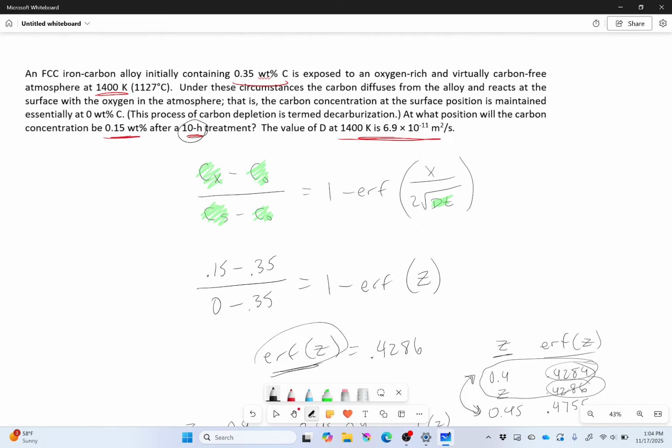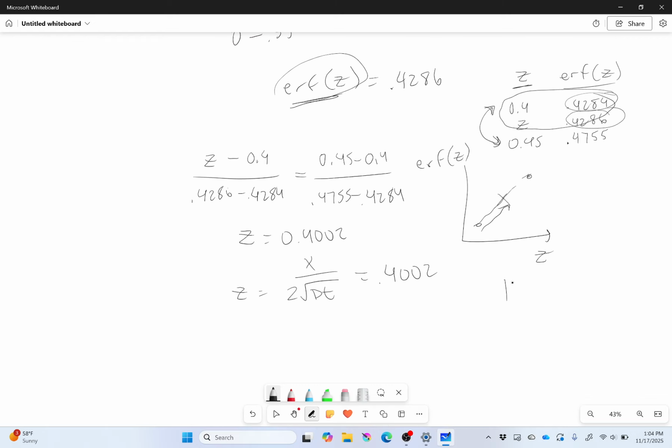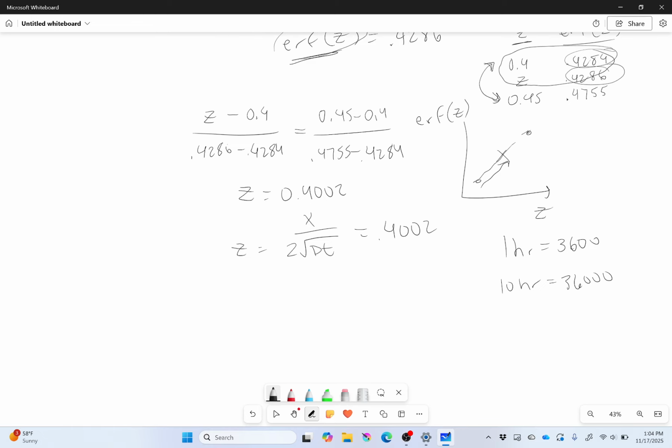That's not hard. A good conversion to memorize is that 1 hour is equal to 3,600 seconds. And so 10 hours would be equal to 36,000 seconds. So let's plug everything in and we'll get our value for x.